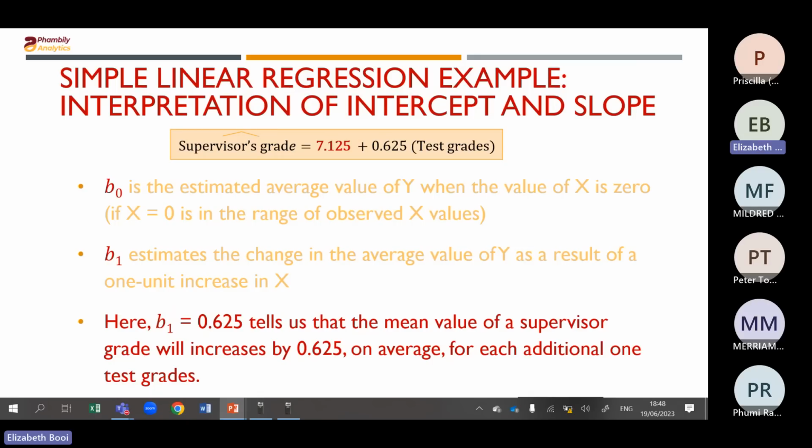So it means the supervisor grade will increase. If the test grade was just one unit added, it will increase by 0.625. That's all what it says. If this was negative, we would have said it will decrease.